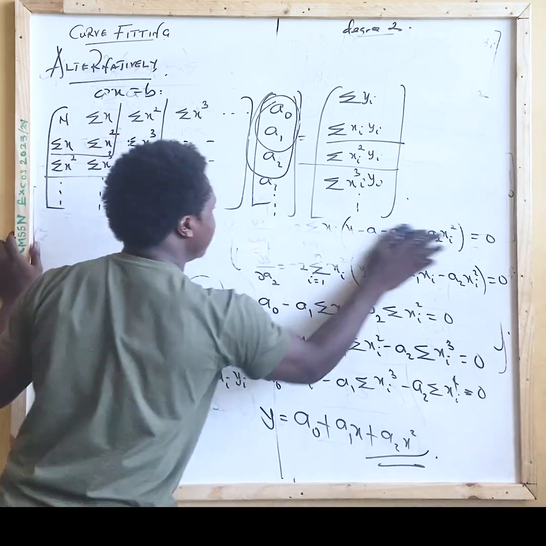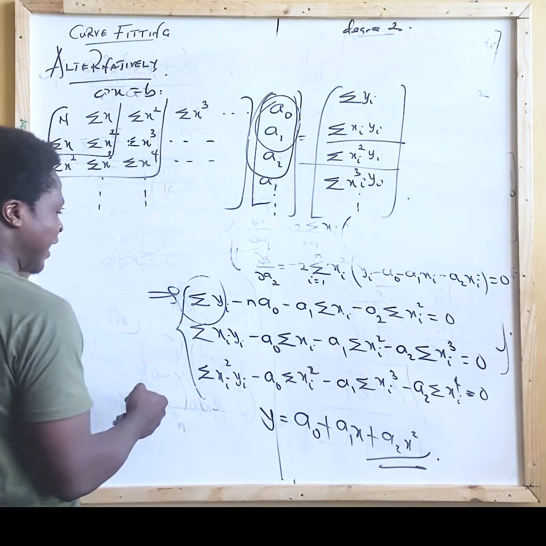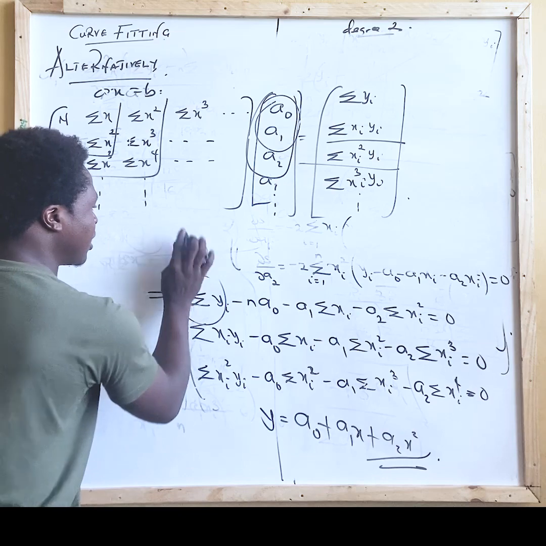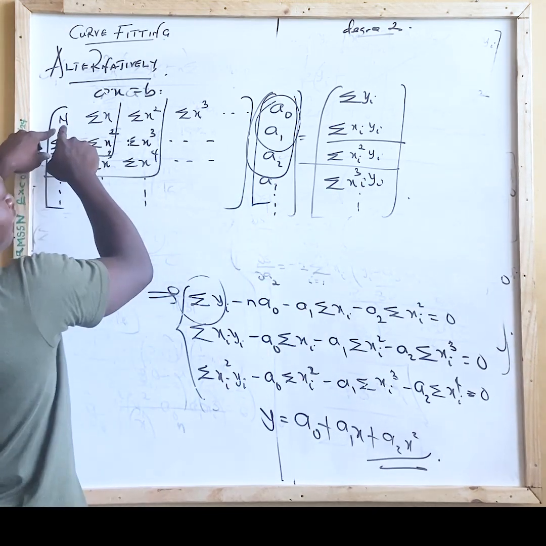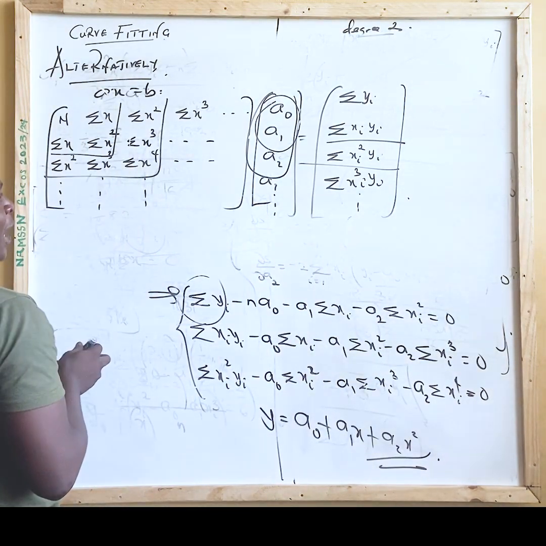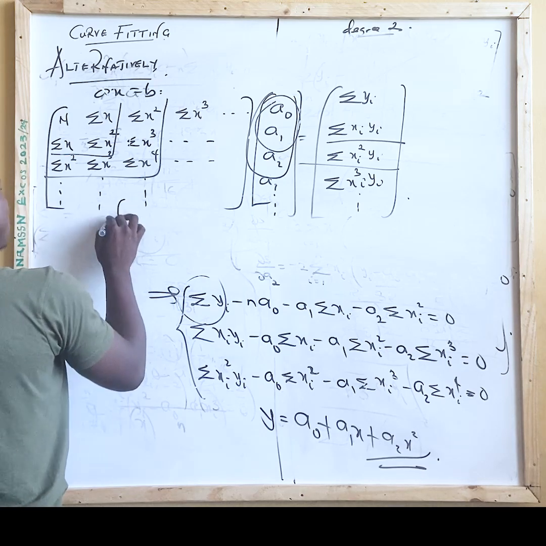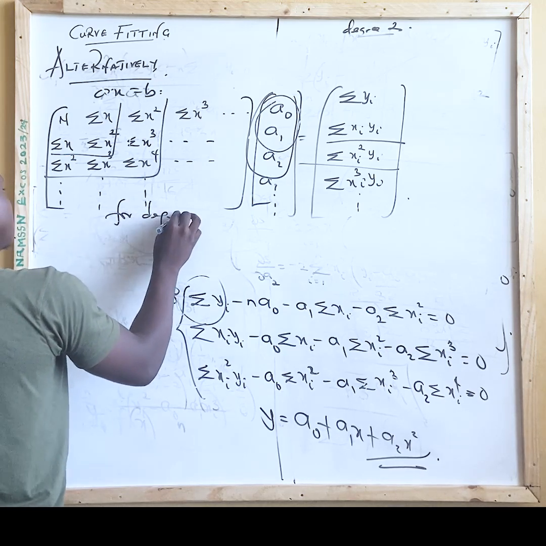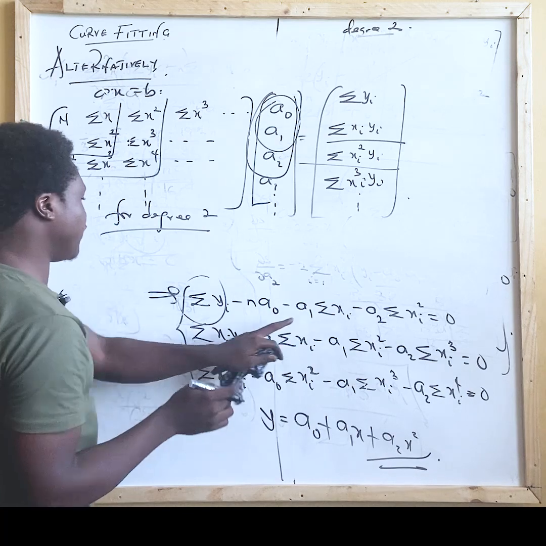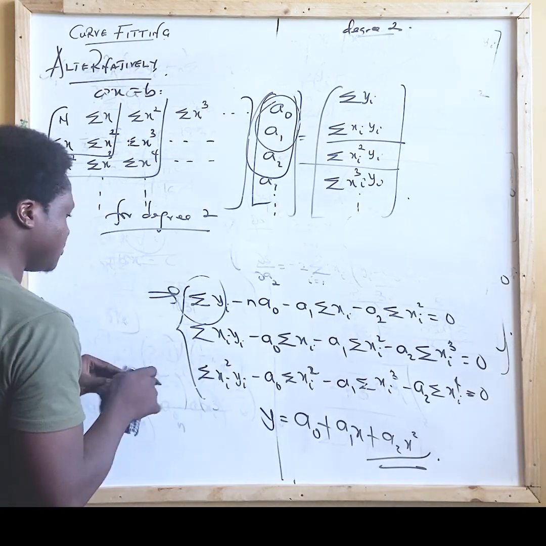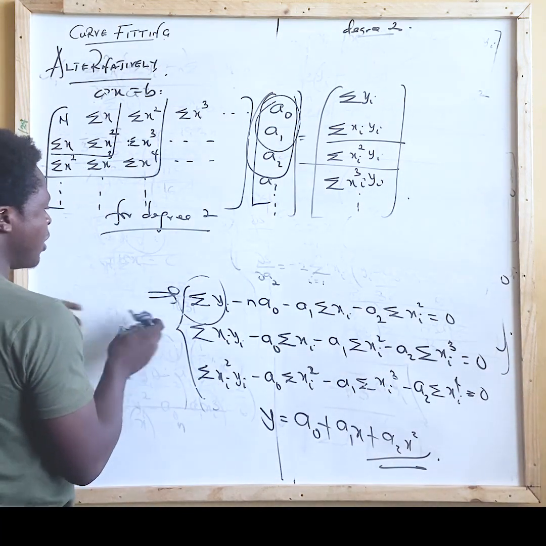This is what I'm trying to say: we want to get this formula back. Don't forget, n is the number of terms we have. Please keep this formula somewhere so that we can compare it later on.